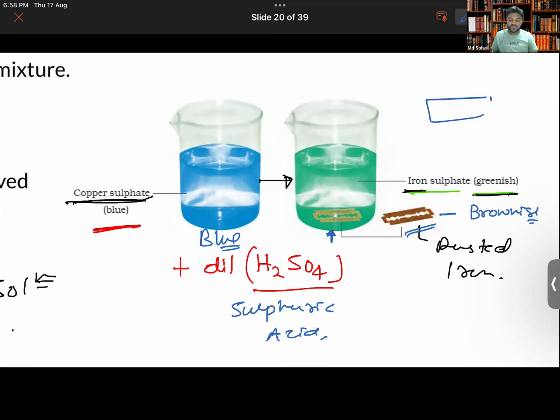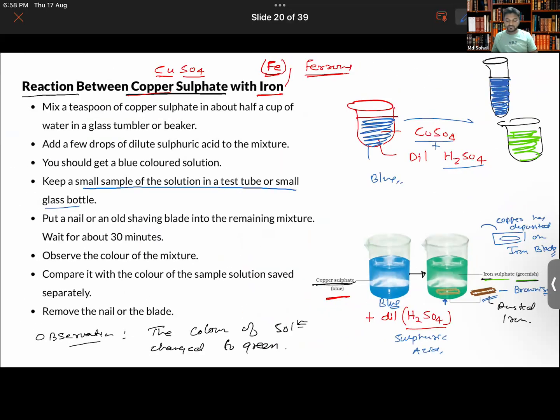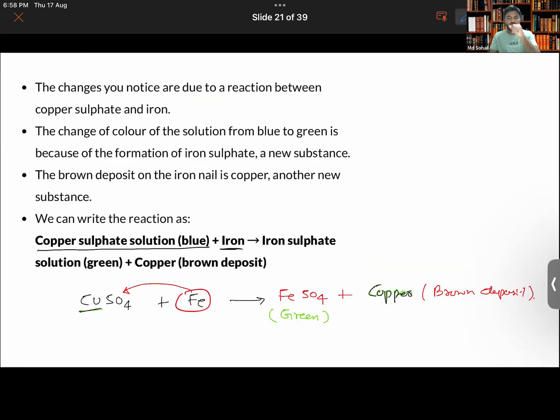Because there is a deposition of copper over it. Copper has deposited on the iron blade over here. That's what has happened. Okay, sir. That is the new substance. The brownish deposit on the iron here was basically copper. That was another new substance formed here.